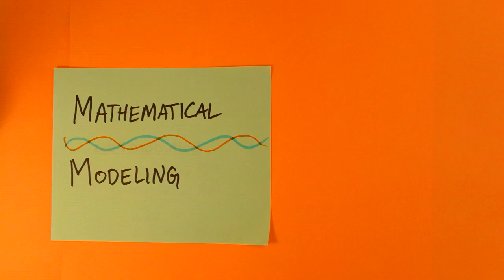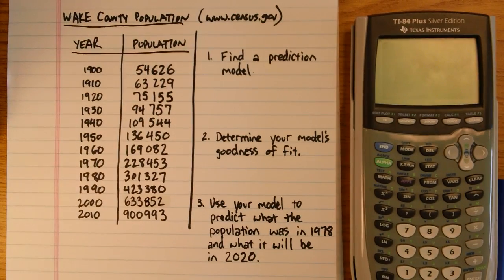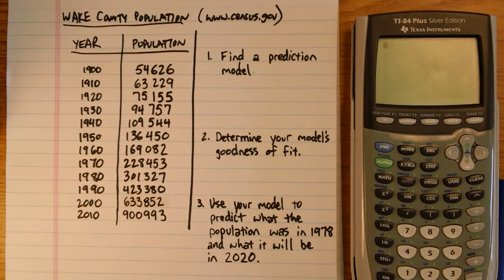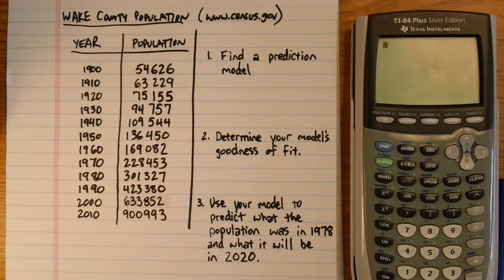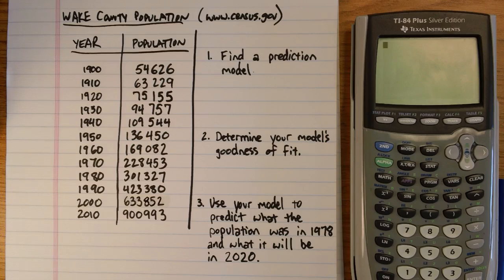This lesson is about mathematical modeling. So let's start with an example. We've got a set of data of population versus the year for Wake County over the last 110 or so years.